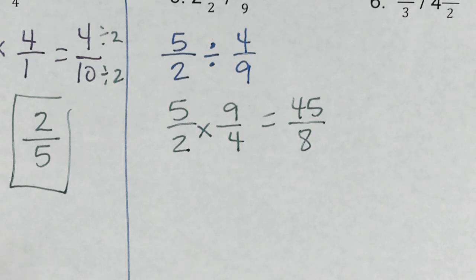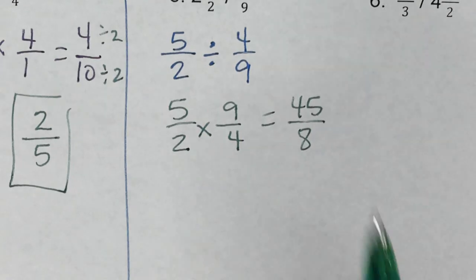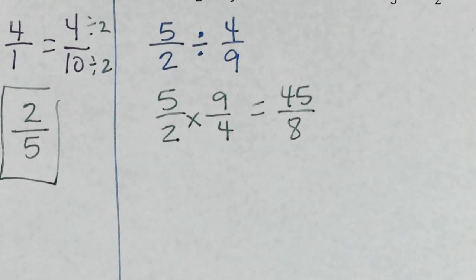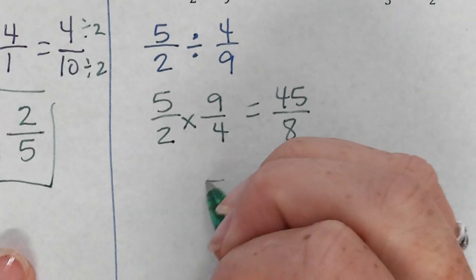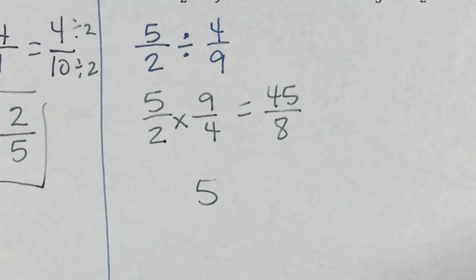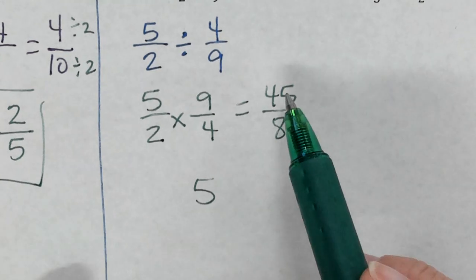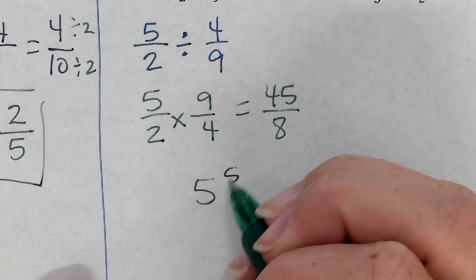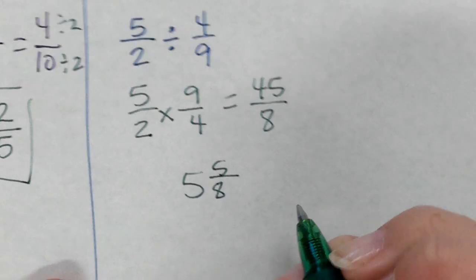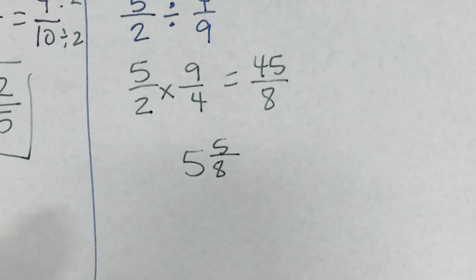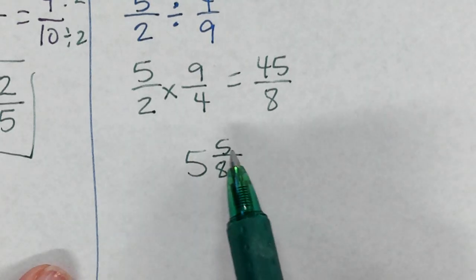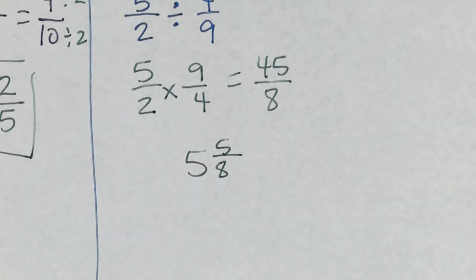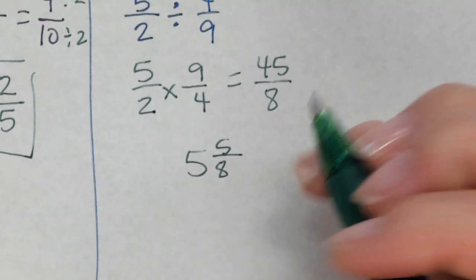Is this a proper fraction? Can it be simplified before I change it? No. How many times will 8 go into 45? 5 times 8 is 40. What is left over to get back to 45? So 5 and 5/8. Now before you move on and circle your answer, you ask yourself, can 5 eighths be simplified anymore? No.